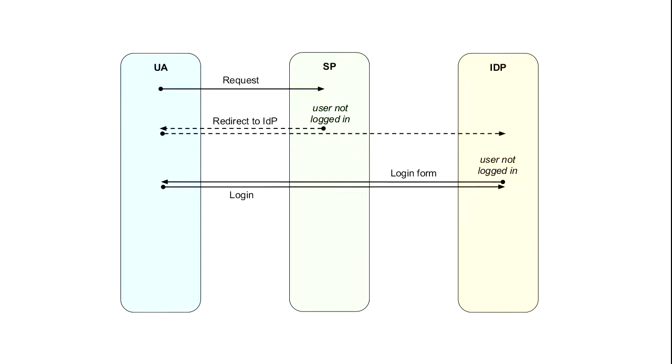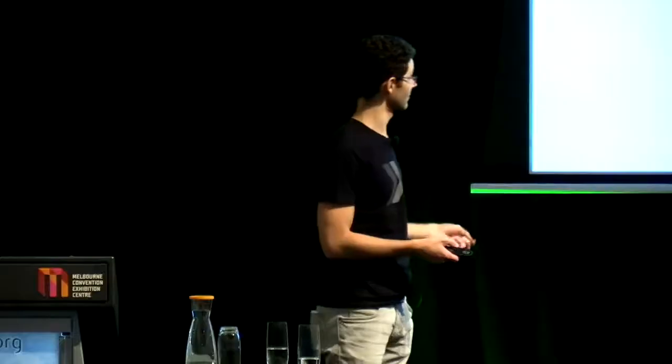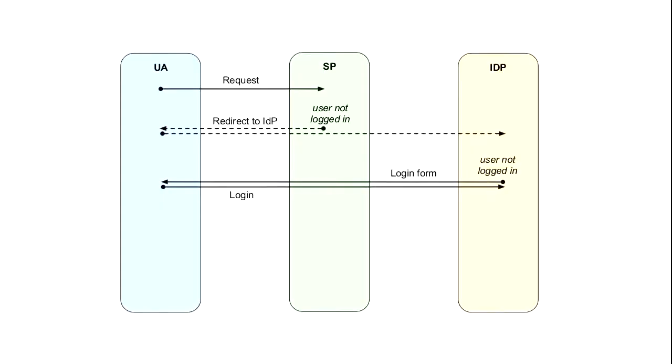I use the solid line here because this is something that the user actually experiences as part of the user experience, whereas the dashed lines are things that are happening in the protocol, things that the user agent is doing, but that the user is not involved in directly. So the user doesn't actually experience this redirect happening as something they're actively involved in. It's just something that the browser does.